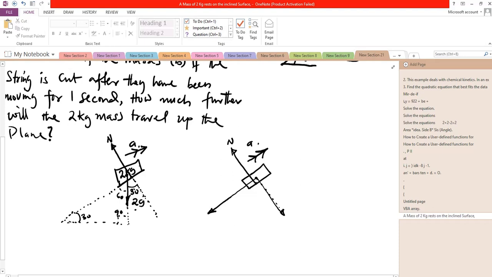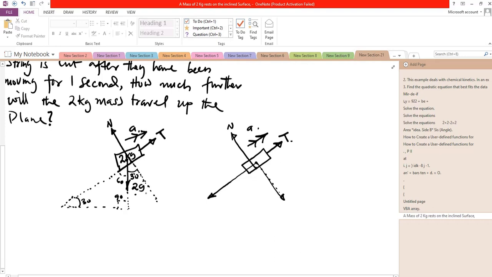Now there is a tension here, which is T. Now resolving this 2g, which is the weight of the 2 kg mass, along and perpendicular to the plane.